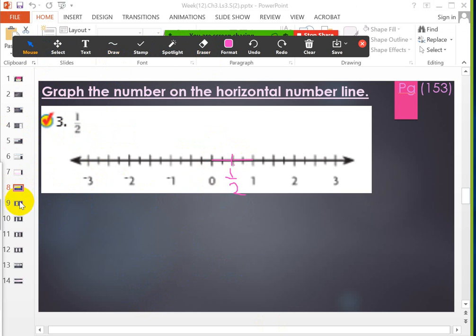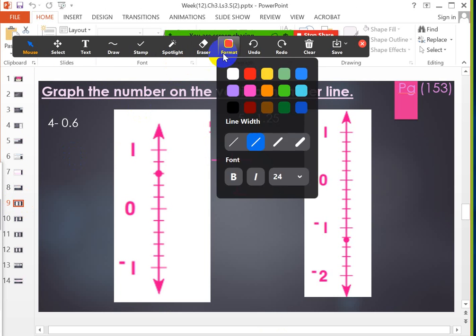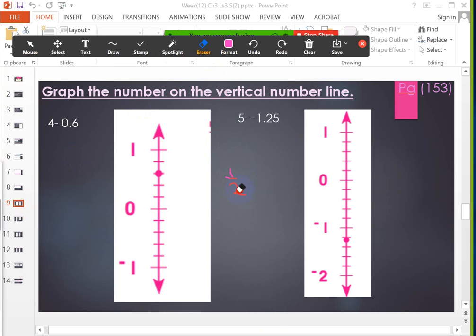Now let's move to number 4. Now we will do those exercises on a vertical number line. I think, okay, welcome Selma. Now we will do another examples, and now you will see how we will do mixed numbers again.